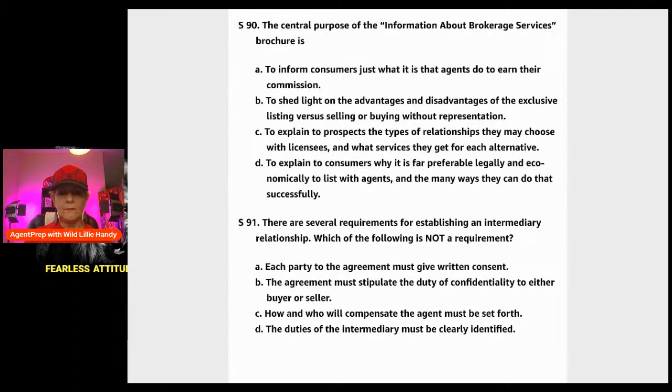And yes, the answer is C. To explain to prospects the types of relationships they may choose with licensees and what services they get for each alternative. So of course, if a client is going to be a buyer, they're going to choose a buyer, right? It's the types of relationships they may choose.